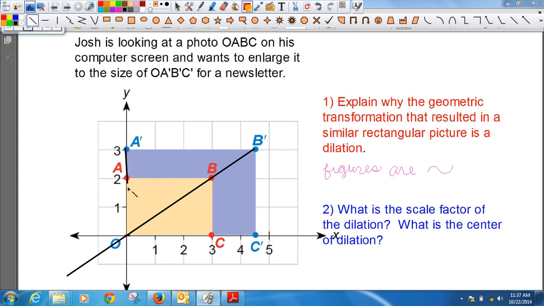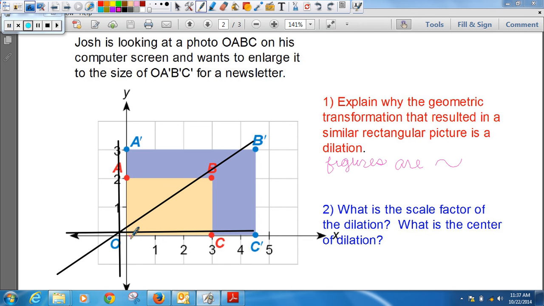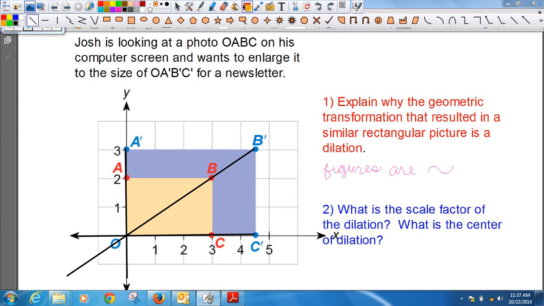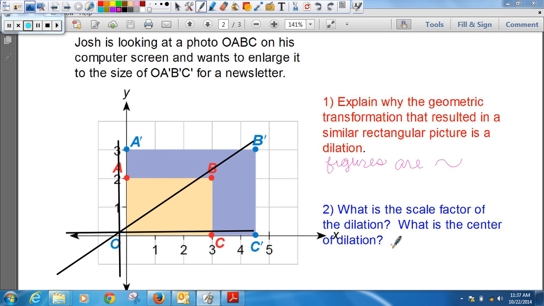I'm going to connect A prime to A, C prime to C. All of my lines, when I connect them, intersect at 0, 0. So my center then is at 0, 0.